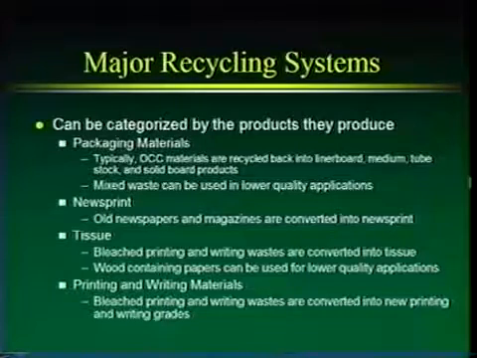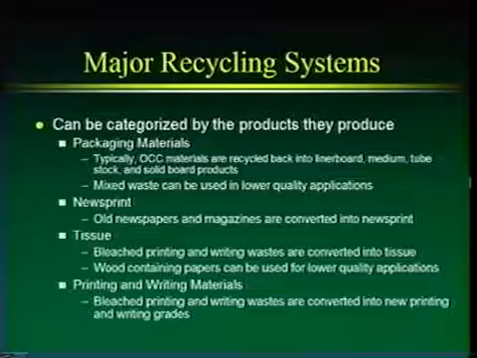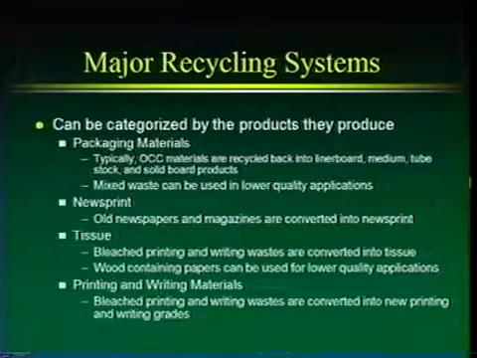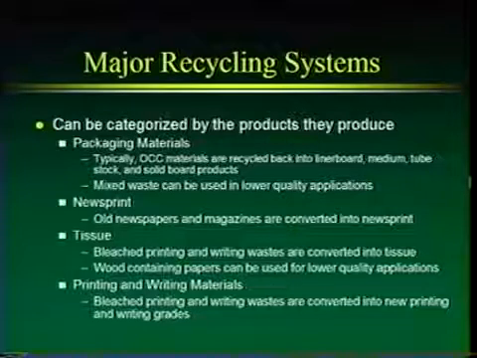And then we've got tissue. Tissue can be made mainly from bleached printing and writing wastes and then converted into the tissue. We can also use wood-containing papers in that if we have lower quality applications, or if we have a robust system that can handle wood-containing papers.